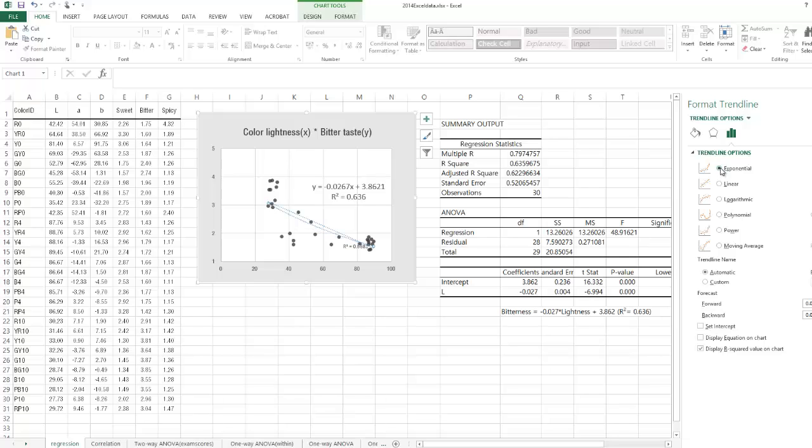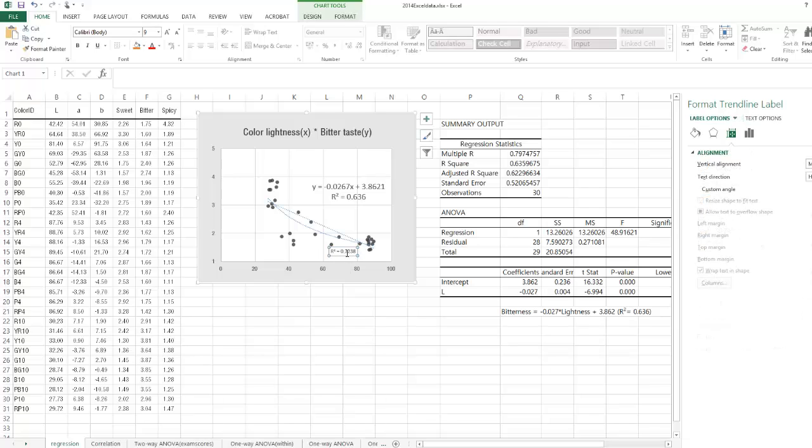The exponential one was similar to this, and this is not the one I expected, so I think the power one. Yes, by the power one we have obtained an R square value of almost 72%, which is a noticeable increase from this.